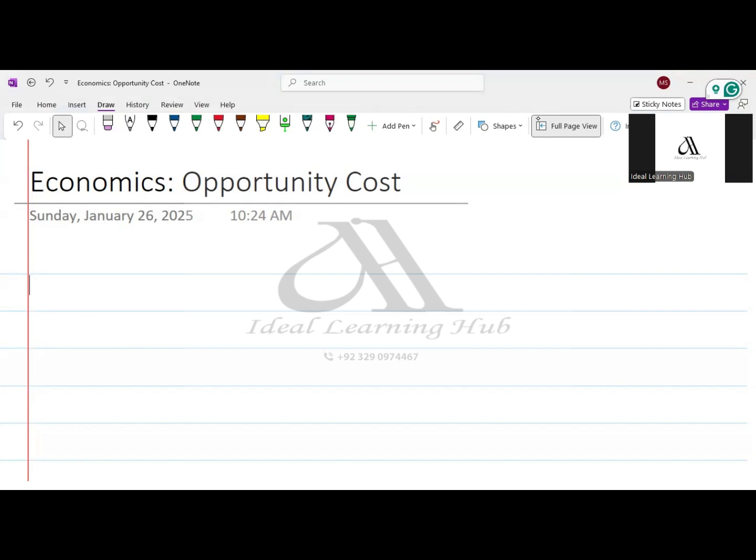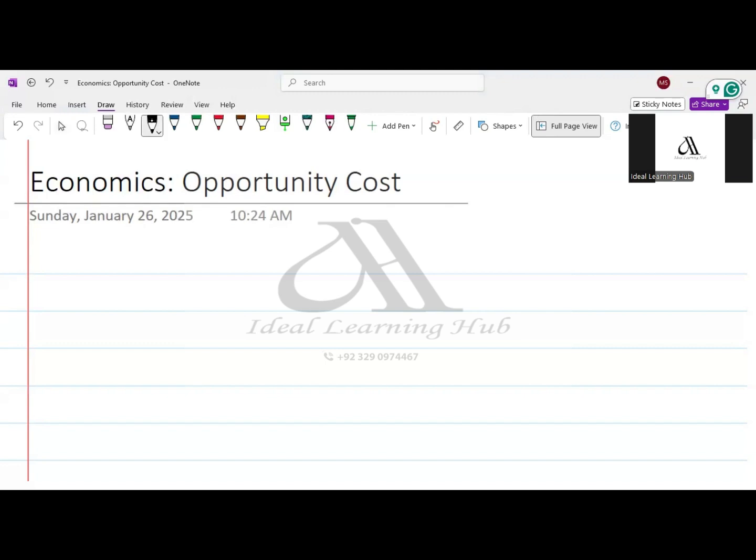If your concept of opportunity cost is not clear, you won't be able to make a proper detailed answer on a topic requiring its knowledge. So I personally feel that everybody should know opportunity cost in detail. Let's dive into it directly.